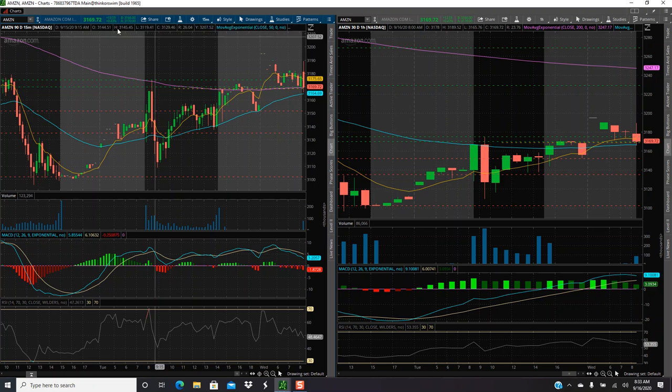Well, we want the price to go down. I bought it about 68.50. So we want the price to be below 68.50. And it's just kind of chopping back and forth.